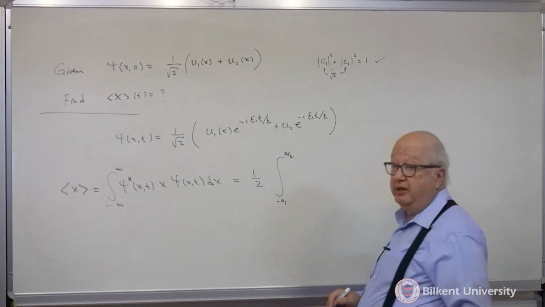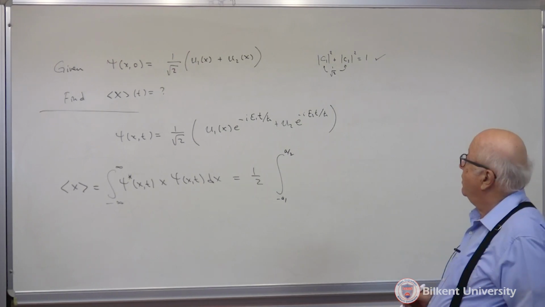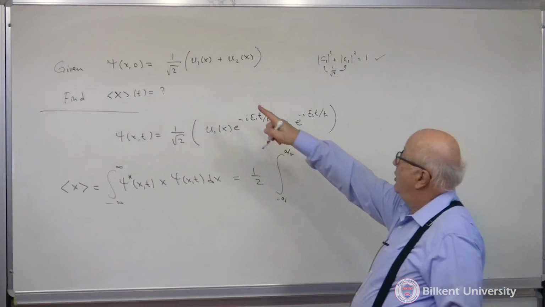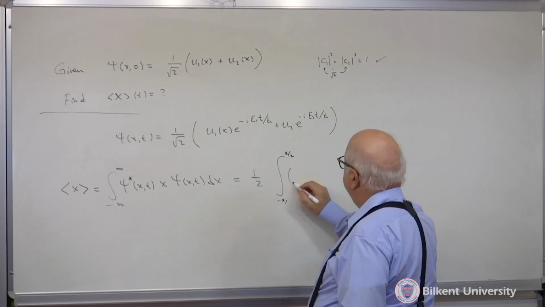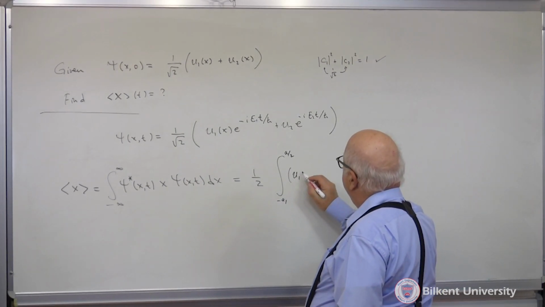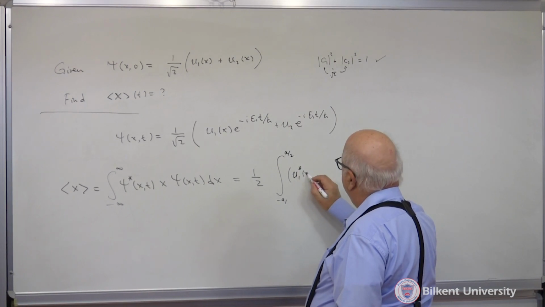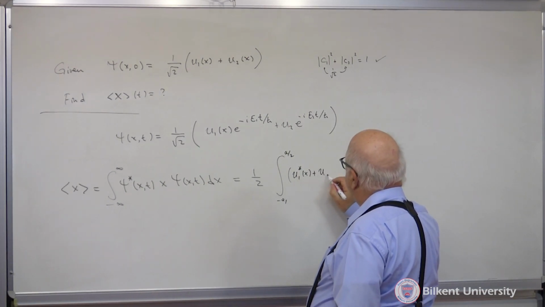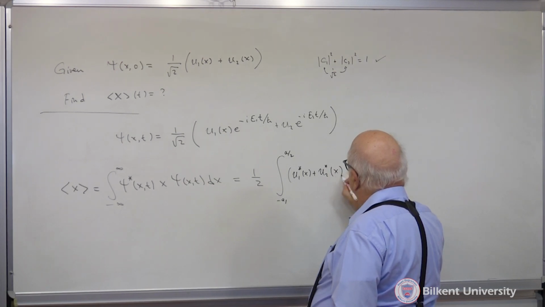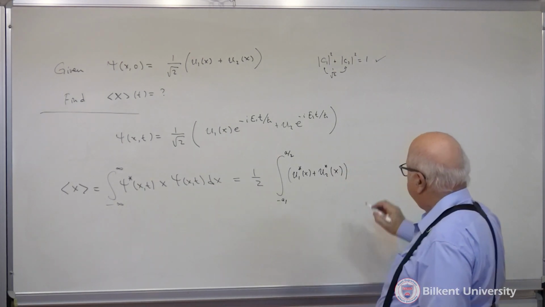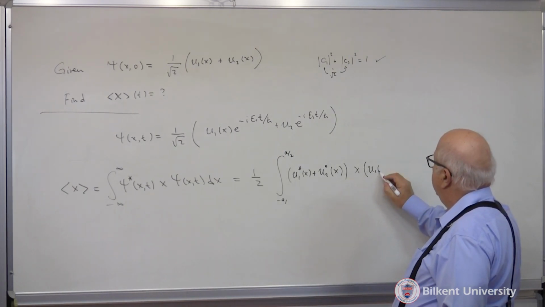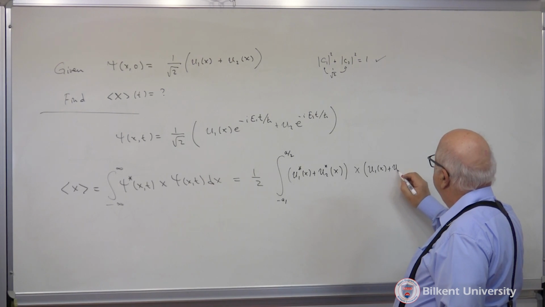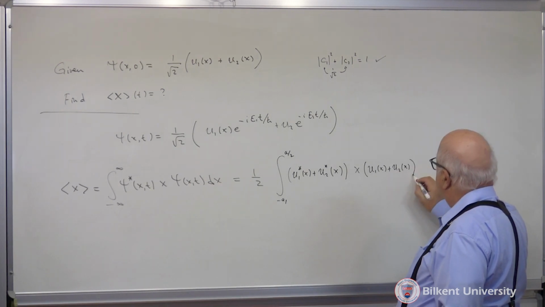I have the complex conjugate psi, so it comes in with u1 star. All of these are real functions, but just to do everything formally, let's put them down: x, and then psi itself, u1 of x plus u2 of x, dx.